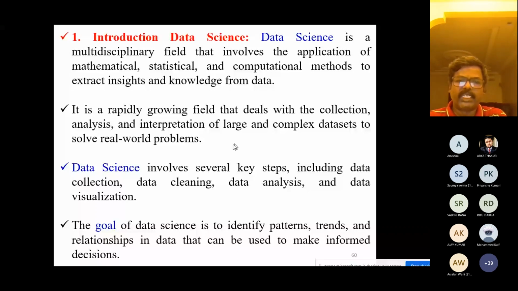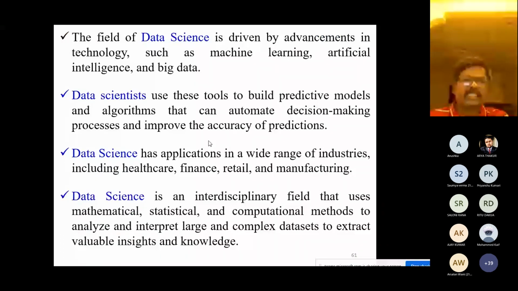What is the goal of data science? It is to identify patterns, trends, and the relationships in the data that can be used to make informed decisions. That's why data science is driven by advancements in technology such as machine learning, artificial intelligence, and big data.